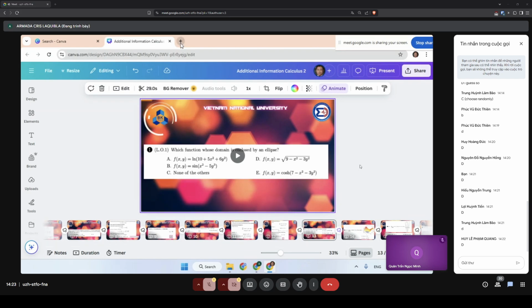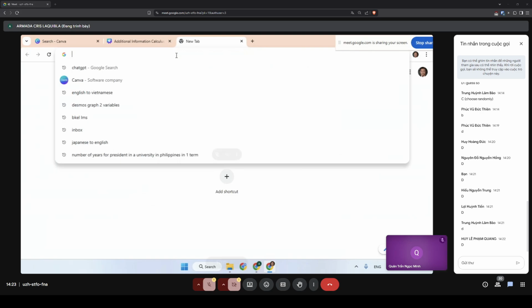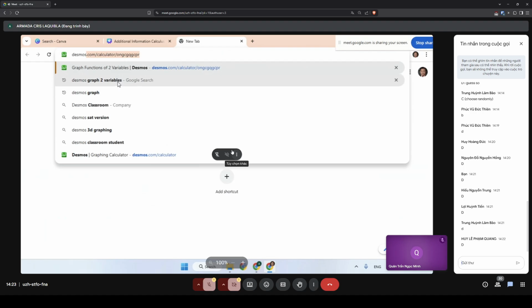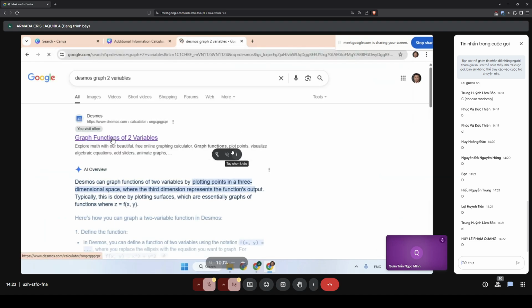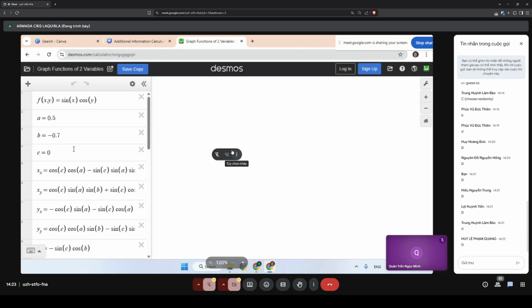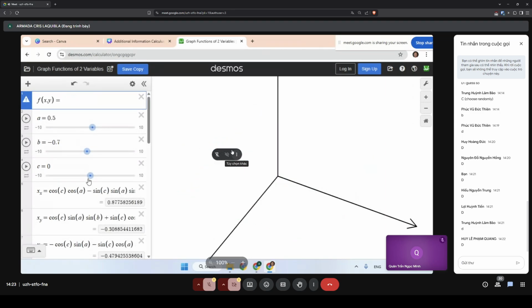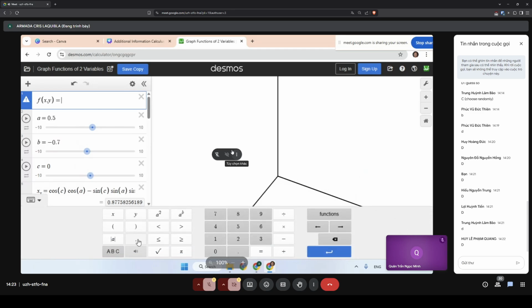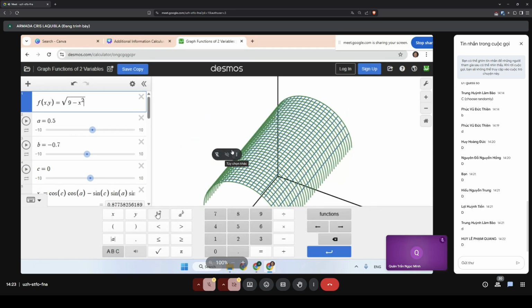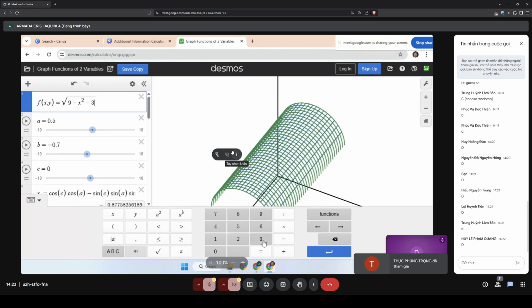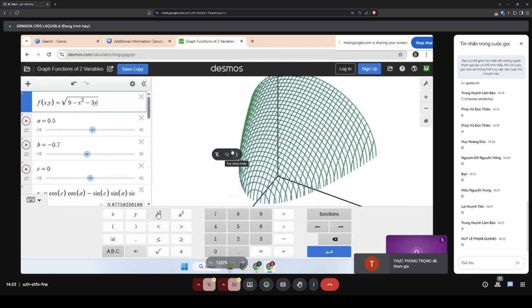So let's try. Graph functions of two variables and then just change it here. You have the square root of 9 minus x squared minus 3y squared.